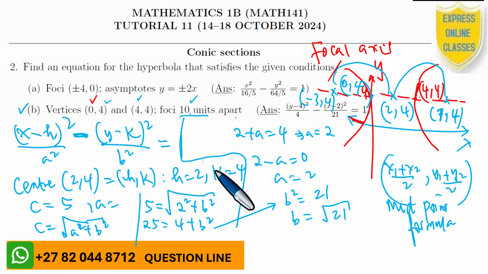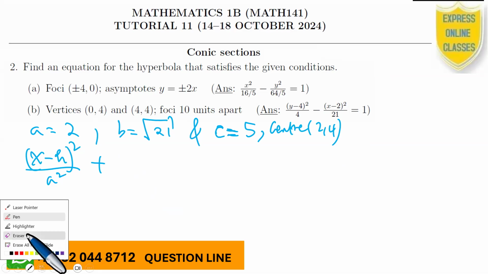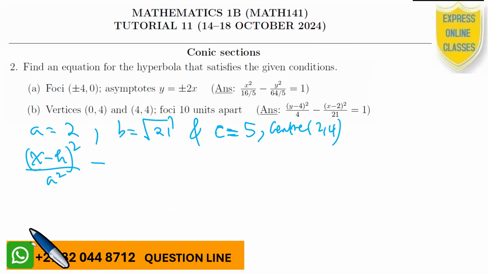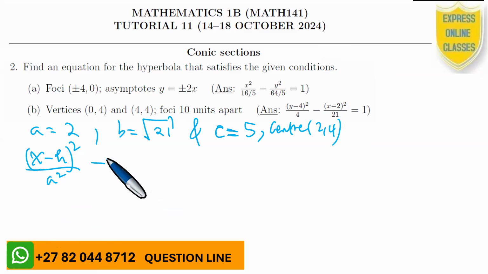What is the center? (2, 4). So (x minus h) squared over a squared, minus (y minus k) squared over b squared is 1. The center you already have, 2 for x.